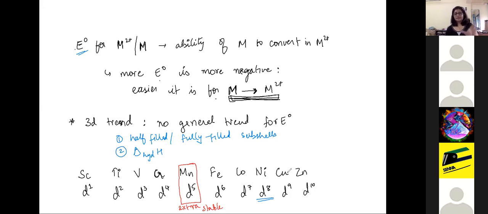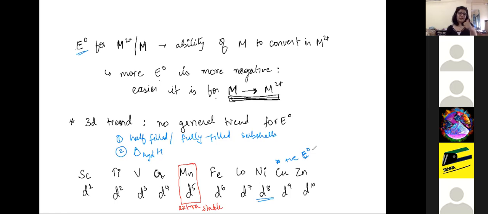The same thing is true of copper as well. Copper has a really low enthalpy of hydration, because of which the copper ion in aqueous solution is not stabilized. So copper specially forms a positive E naught value, which is why we say copper does not really react with acids.